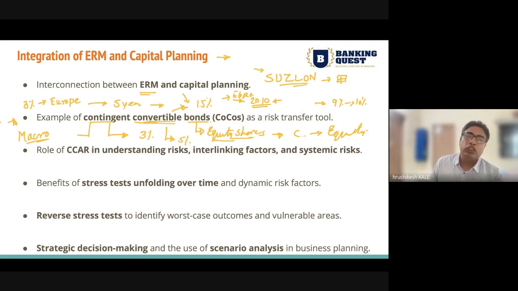No. It should be based on a macroeconomic event. So if a macroeconomic event happens, then I can convert my loan into equity share, and that is called a contingent convertible bond. And this is a very good risk transfer tool wherein my capital increases, my loan decreases, my liquidity requirement decreases.